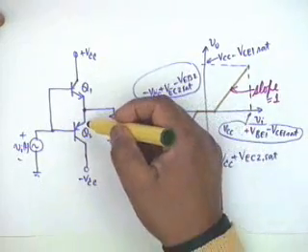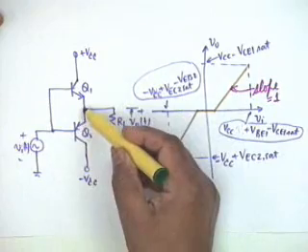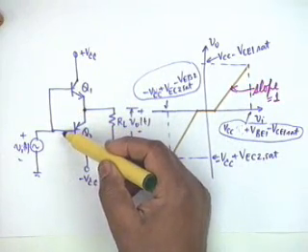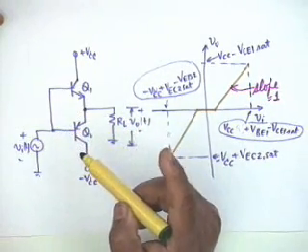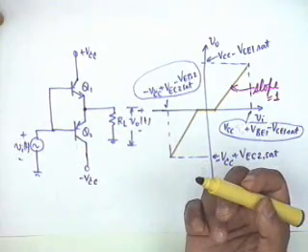Similarly, if in the PNP transistor Q2, VEB2 could be put at plus 0.7, then this transistor will also not set its dead band.